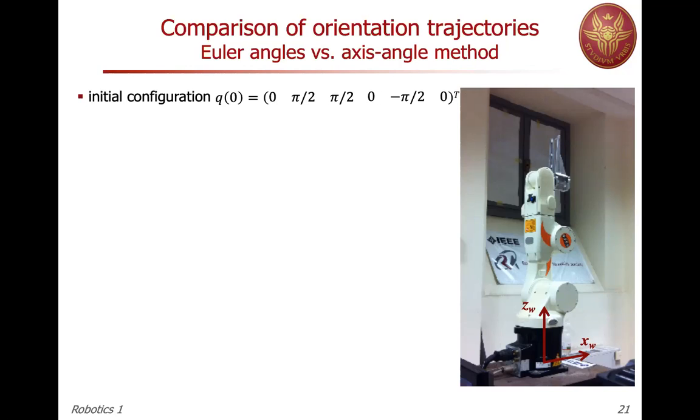This is why we have introduced the axis angle method, which is exactly the same method that we have seen for describing orientation in general at the beginning of the course, but now we use it in a planning fashion.